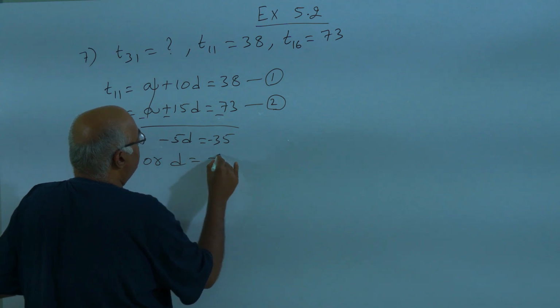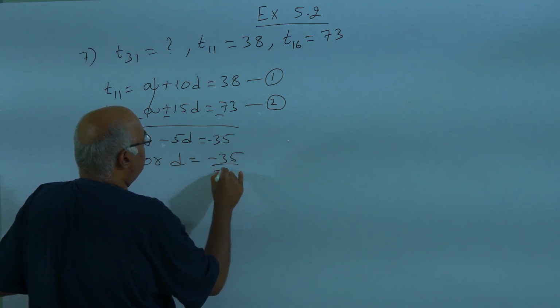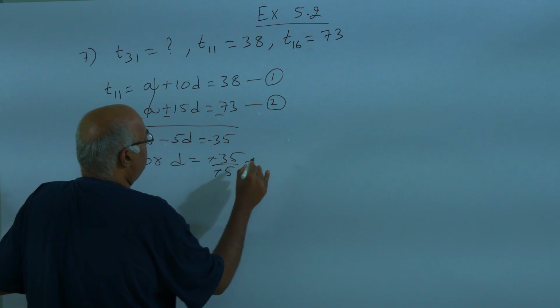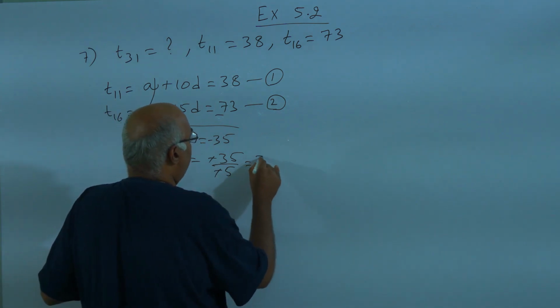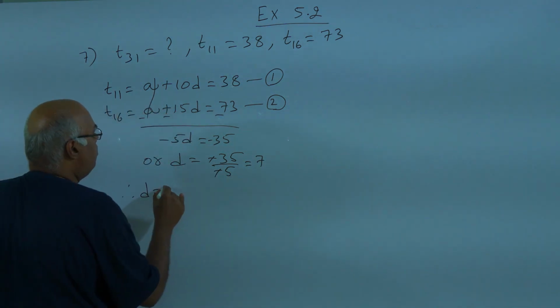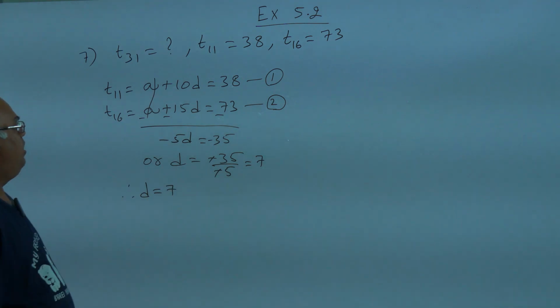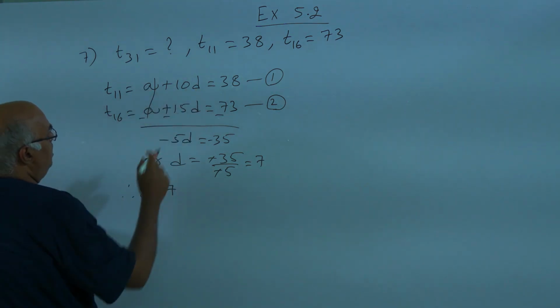D is equal to minus 35 by minus 5. So minus minus gets cancelled. This is equal to 35 by 5, which is equal to 7. D is equal to 7. We got the value of d. So substitute the value of d in the first equation.